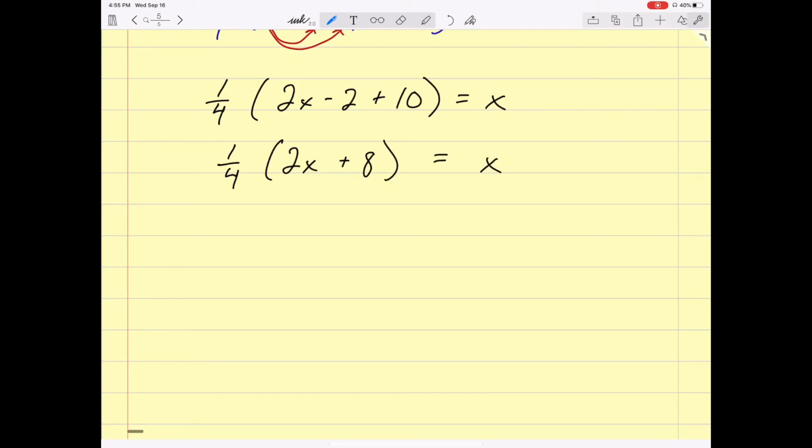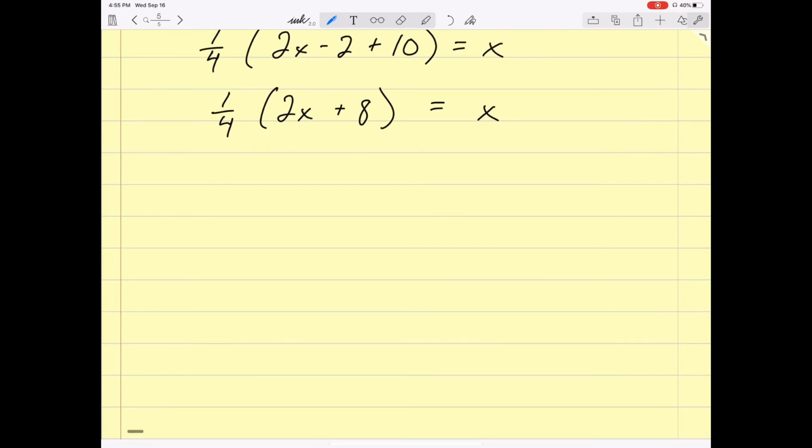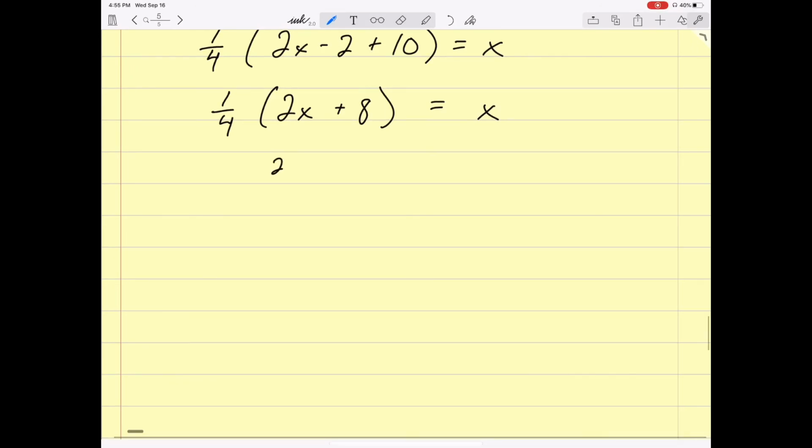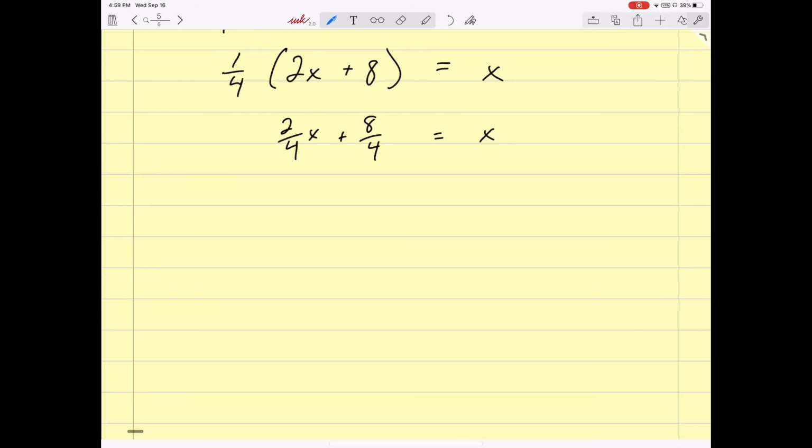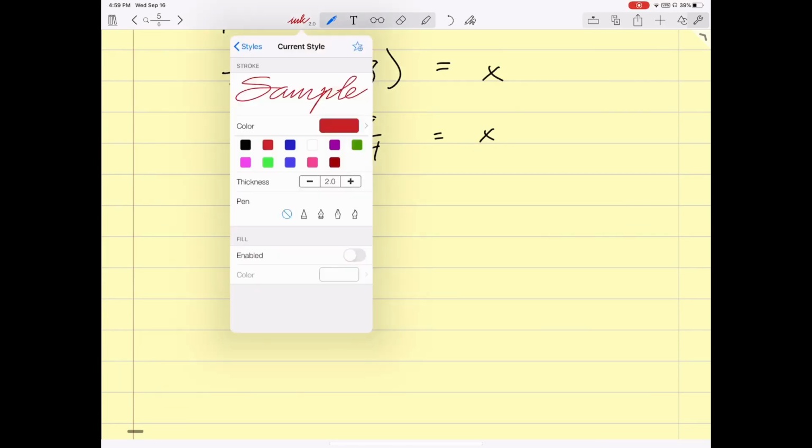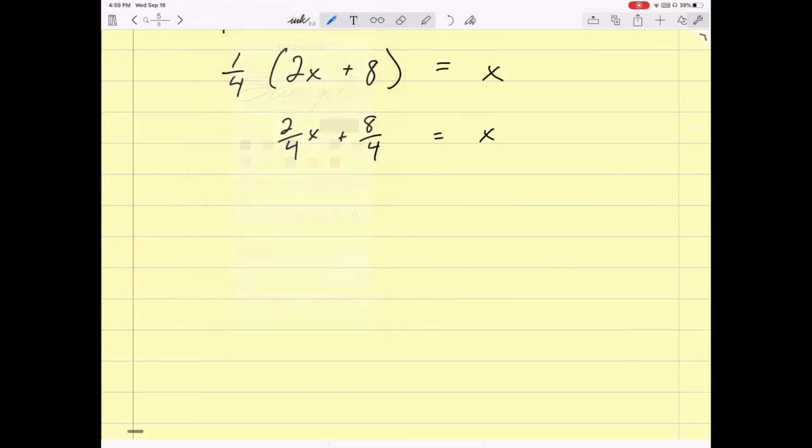And this answer may not be a whole number answer, so we're kind of going to get away from whole number answers relatively soon anyway. So if I distribute this in, the 1/4, this would be 2/4 x plus 8/4 equals x.